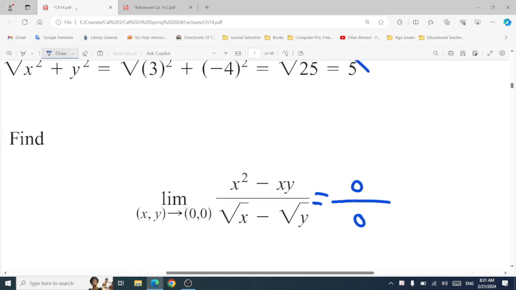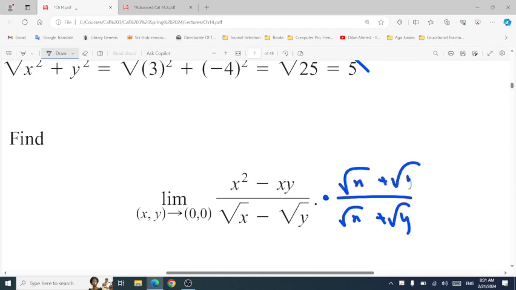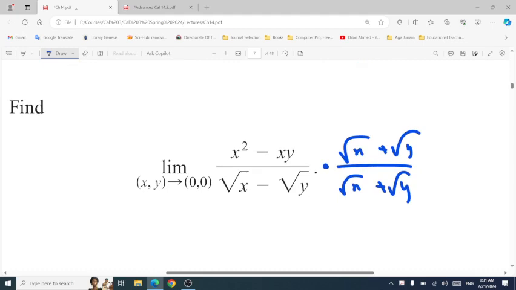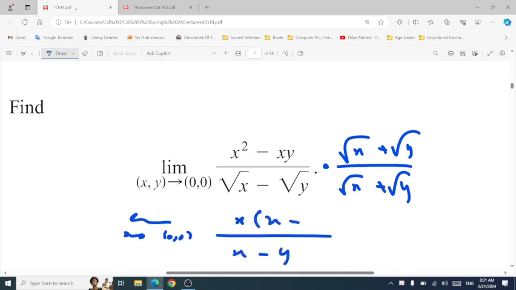How's the conjugate? Am I right? Clear, dears? Good. The denominator is x minus y, how about the numerator?